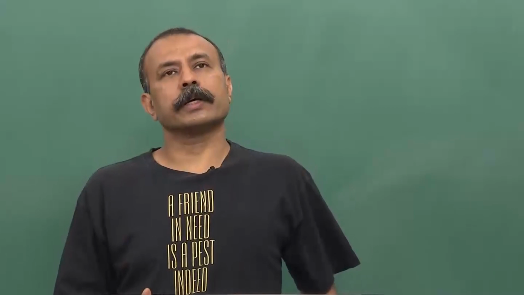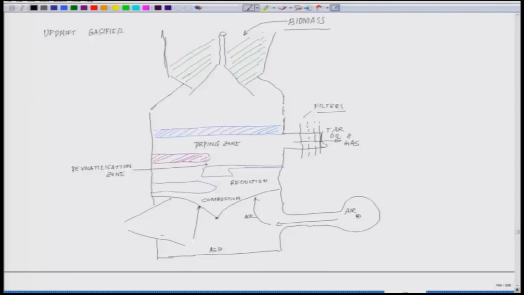If you see the cross section, let us go through it. Here you have the biomass feeder, which is essentially the zone where you are feeding the biomass, which I am now highlighting in green. Biomass feeding zone.